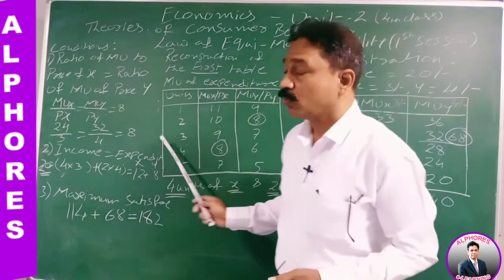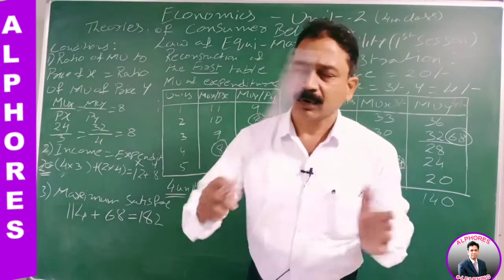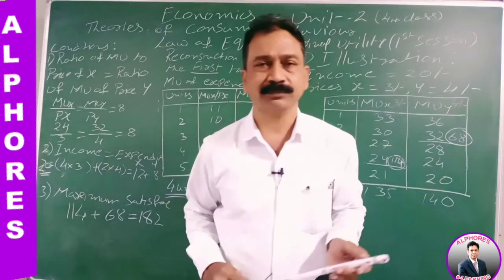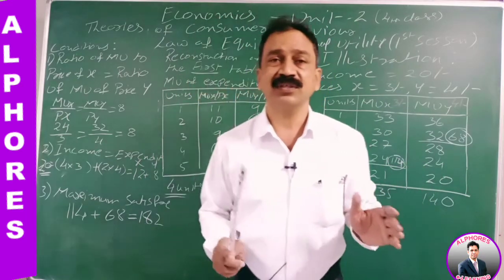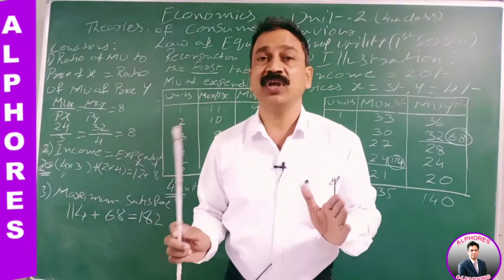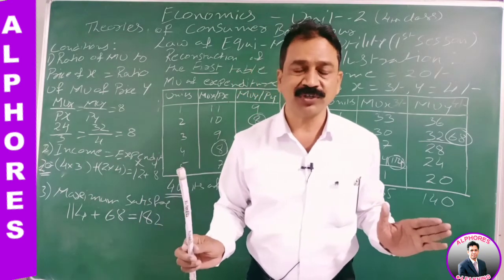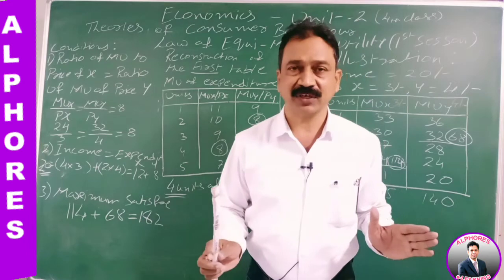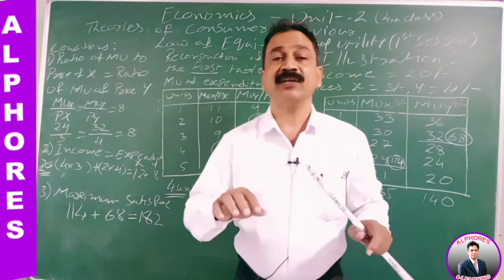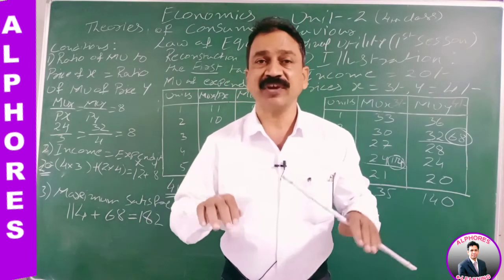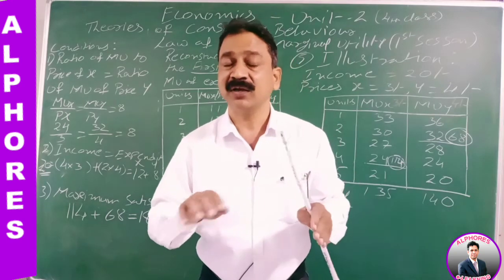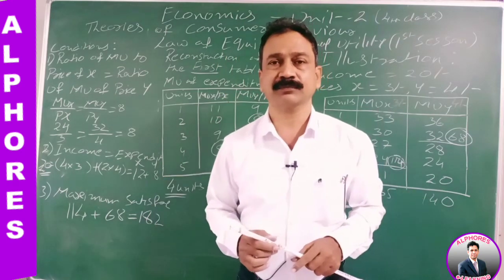Okay, now we will come back to the beginning. First, we have seen this is a discussion about equimarginal utility. The law of equimarginal utility explains how a consumer tries to satisfy his wants by purchasing different commodities.